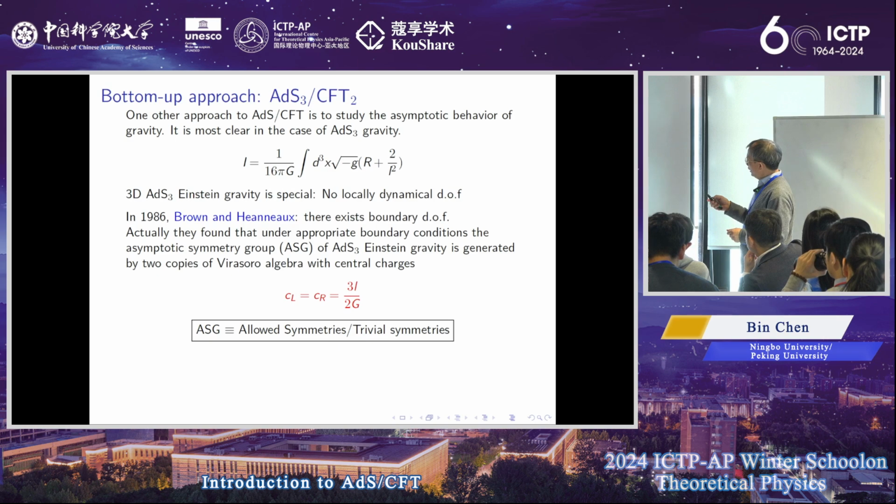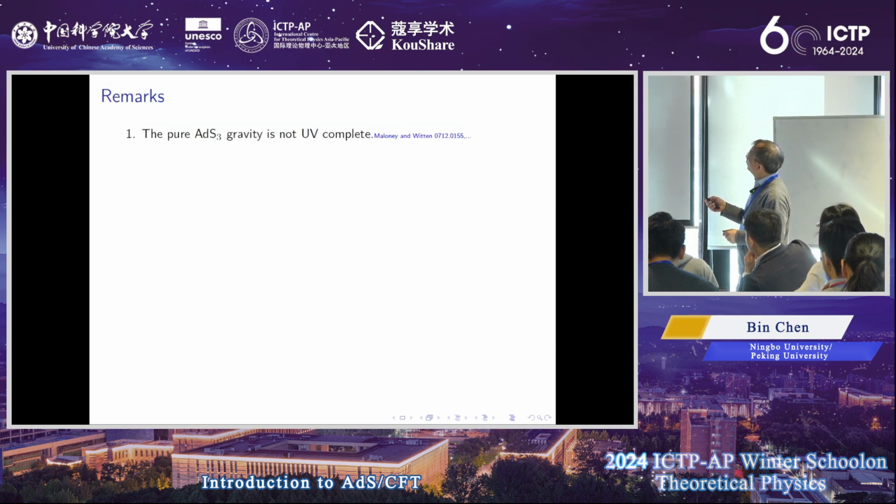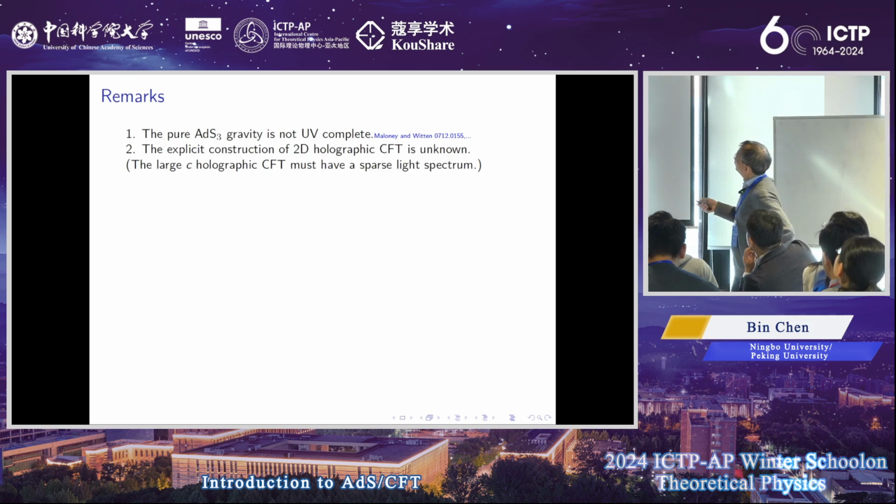So that's why here I emphasize we don't know. There's no well accepted construction of this dual CFT. We only know some universal behavior: it has a large central charge and a sparse spectrum. That's all. Okay.